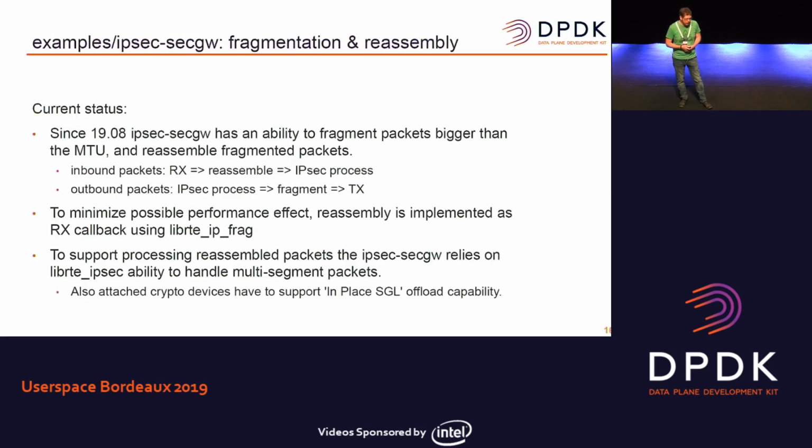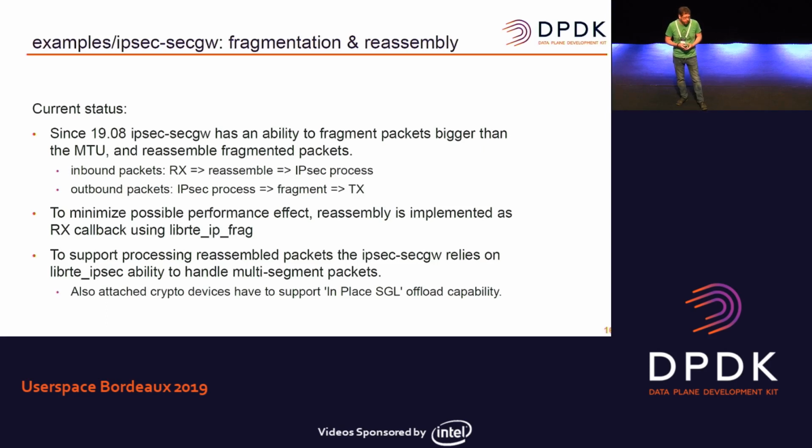In relation to the inline crypto, as Konstantin mentioned earlier, we have added fragmentation reassembly to the security gateway application, and that allows you to see how the IPsec library can support that use case. We've registered callbacks on our RX functions and ports to do the reassembly using the reassembly library in DPDK, the IP frag library.